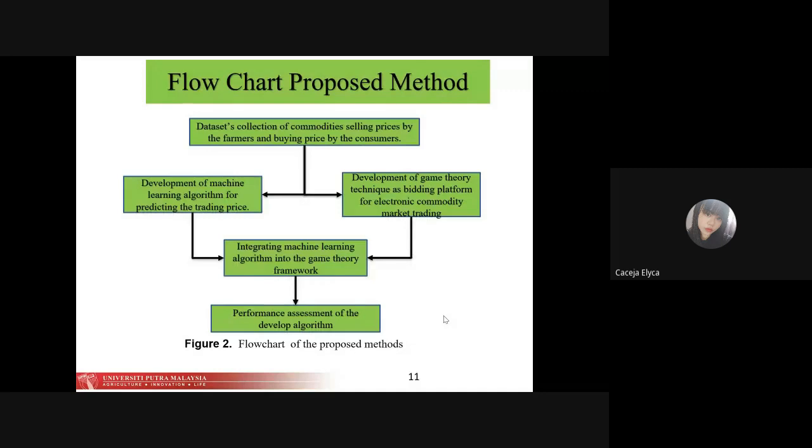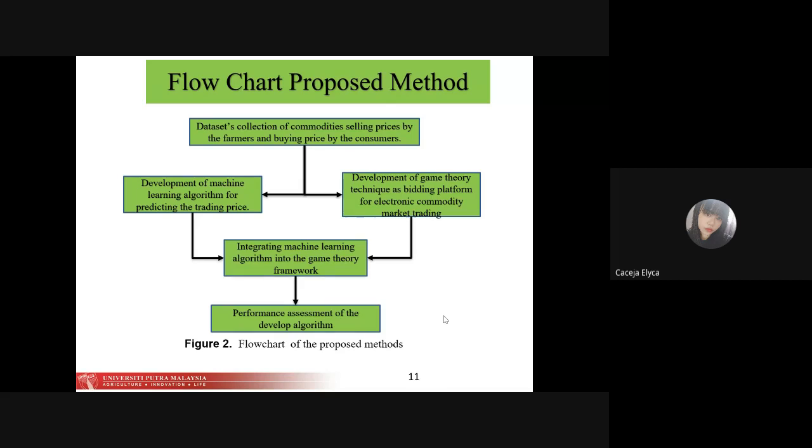So this is my proposed method. Firstly, we do a data set collection of commodity selling price by the farmer and buying price by the consumer. Next, we use the data to develop a machine learning algorithm for predicting the trading price. And we also use the data to develop a game theory technique as a bidding platform for electronic commodity market trading.